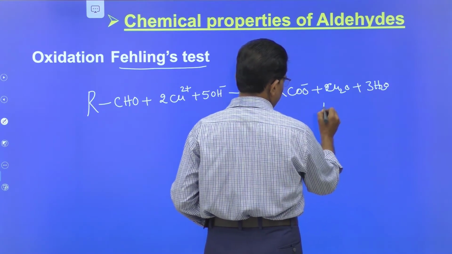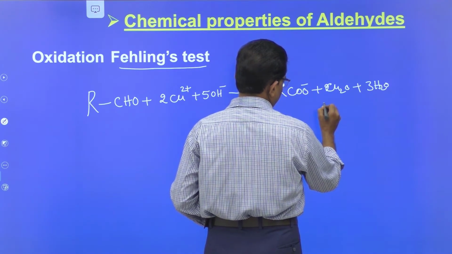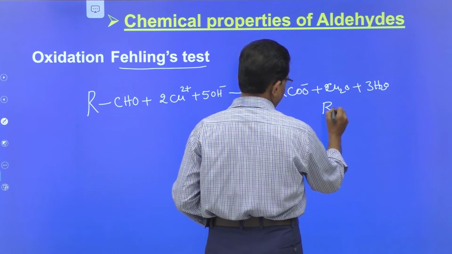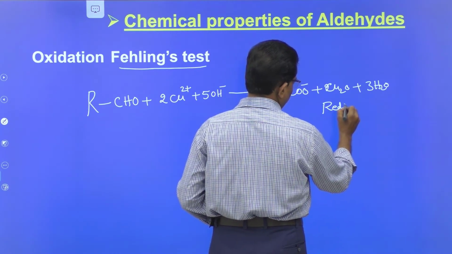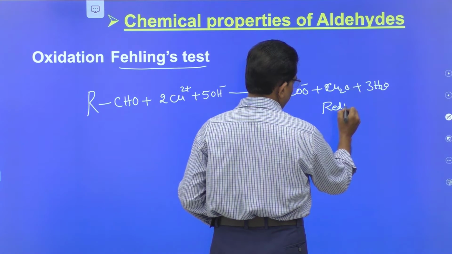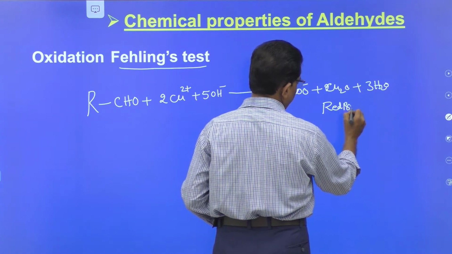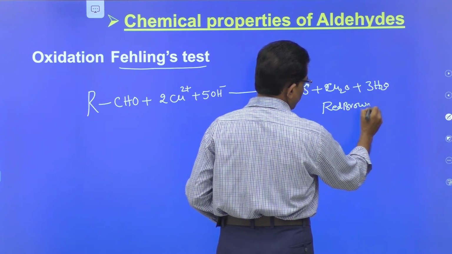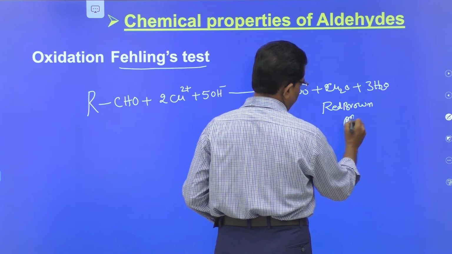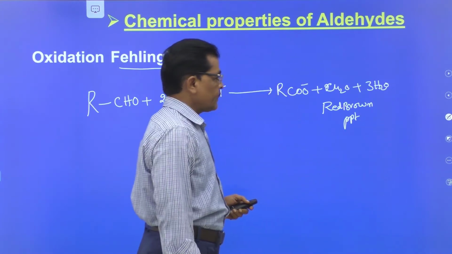So this one is a reddish brown color. A red brown precipitate is formed.